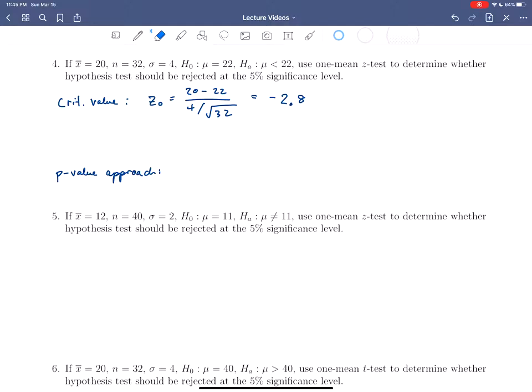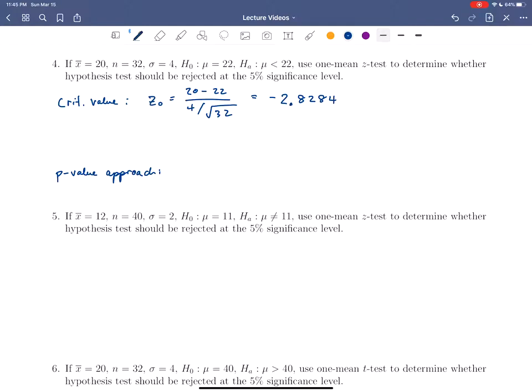My MyMathLab is actually going to want us to be more specific. So since we have it, let's just go to 4 decimal places, negative 2.8284. Okay, there we go. It's not really going to change our decision. I just want to be consistent with what we're going to be expected to do on tests and so on.